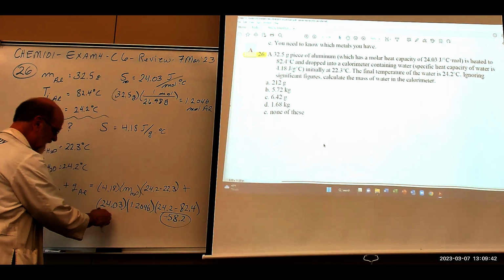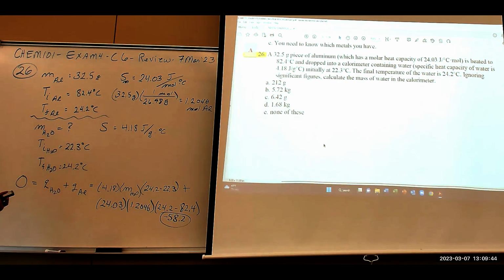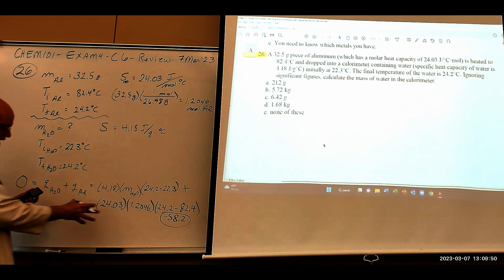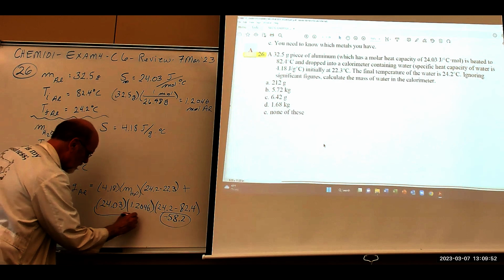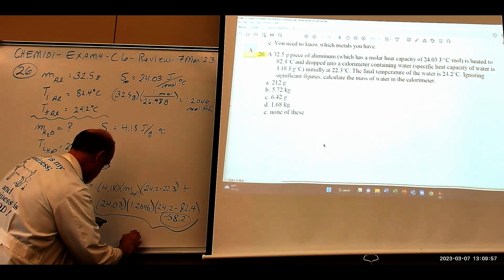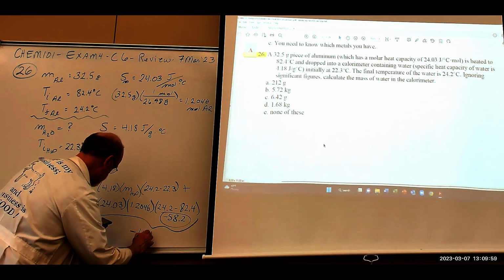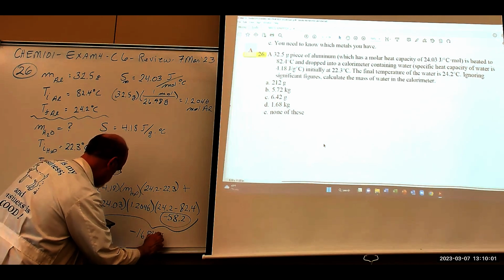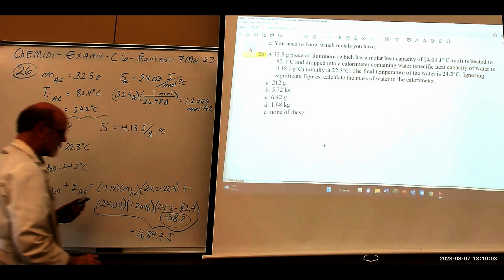That times this times that, and 24. So this term is a minus 1684.7 joules.